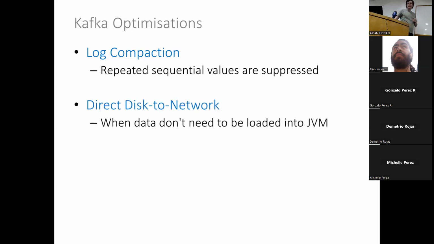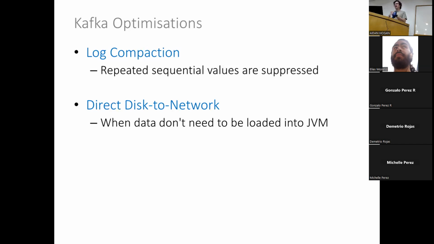There are a couple of more low-level optimizations, such as direct disk to network. Actually, quite a few distributed frameworks allow this. If you have data on a disk, the typical way would be to read the data you've stored. Kafka is implemented in Java and Scala, so that code will read the data from the disk, parse it into objects, and then send some serialization of that over the network, which will be deserialized again.